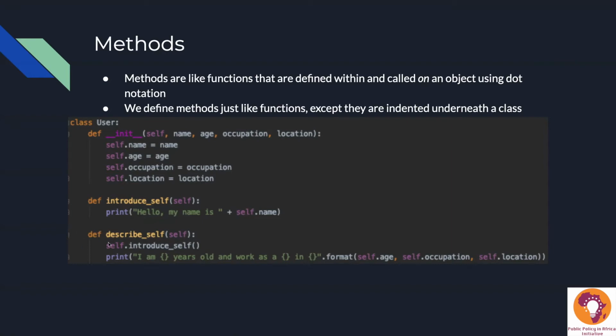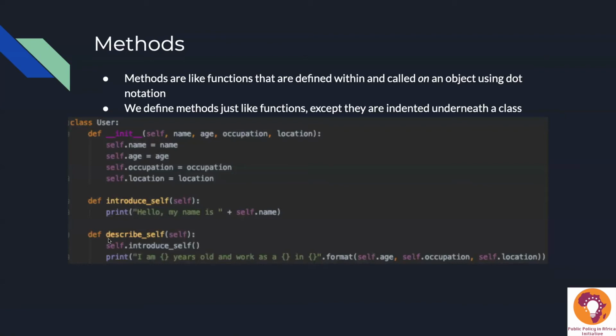And then I have another method defined here. Just like a function, we use the def keyword, then we name our method, describe self, and the self parameter must be passed to any method. It'll always be the first parameter. And then here, what I'm going to do is call self.introduce self. So what I'm basically saying here is invoke this user object's introduce self function first as part of describe self.